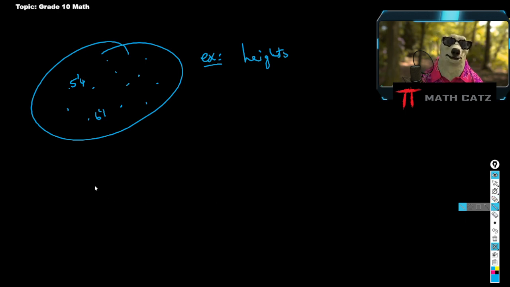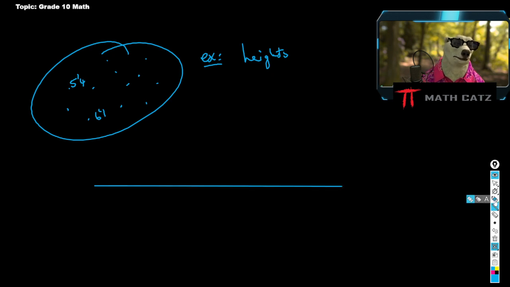Let's draw a number line here. Of course, this extends indefinitely to either side, but the heights of people will have a lowest one somewhere. Let's suppose 5'2" is the lowest one. And there's a highest one in my group as well. It depends on the group that I'm looking at. Maybe 6'4" is the highest.